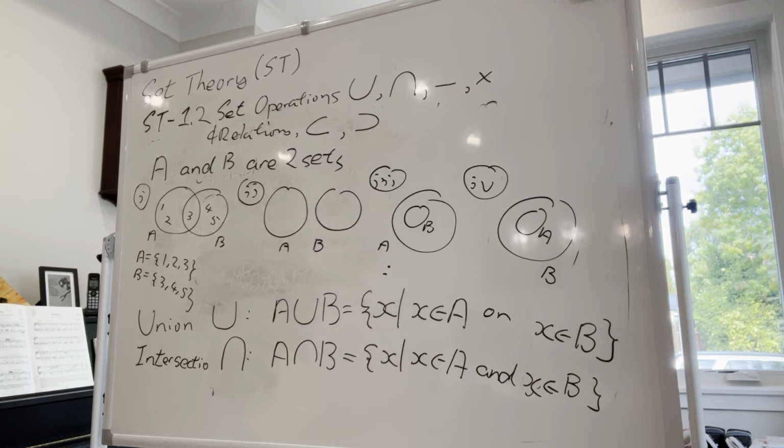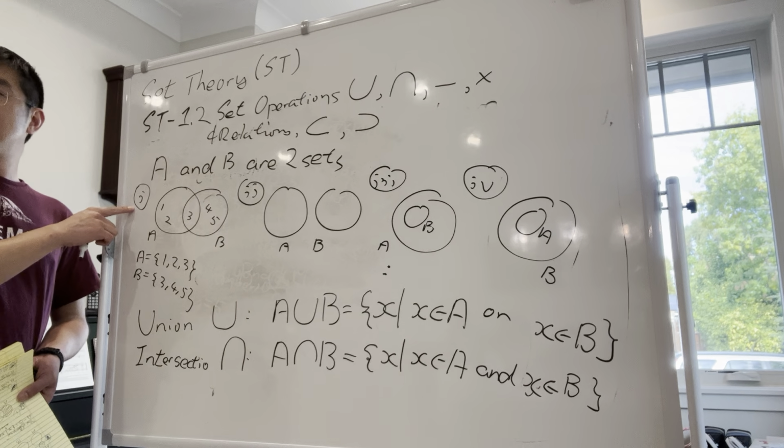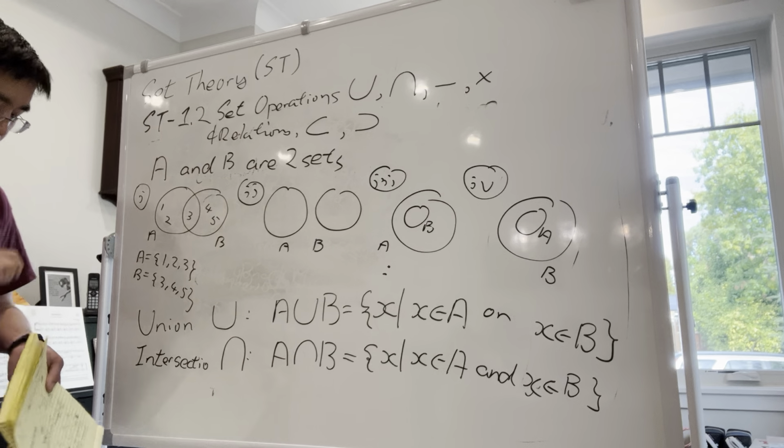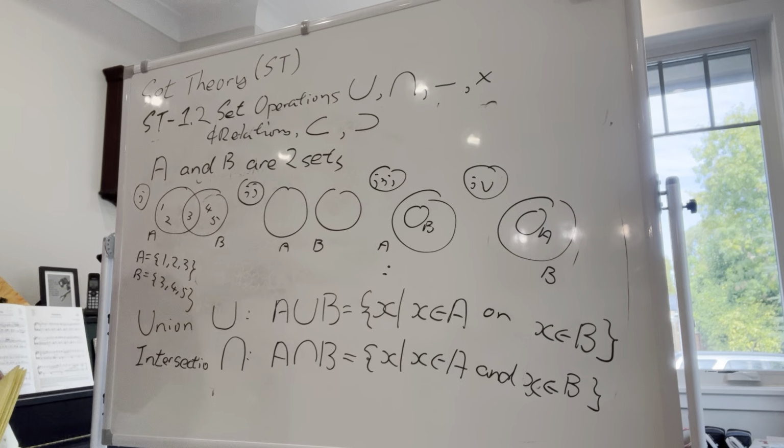Now, one thing that if you learn this kind of set theory in the future, in math classes, they always use this as an example. Okay? What I meant by that is, oftentimes, what you see is as follows.